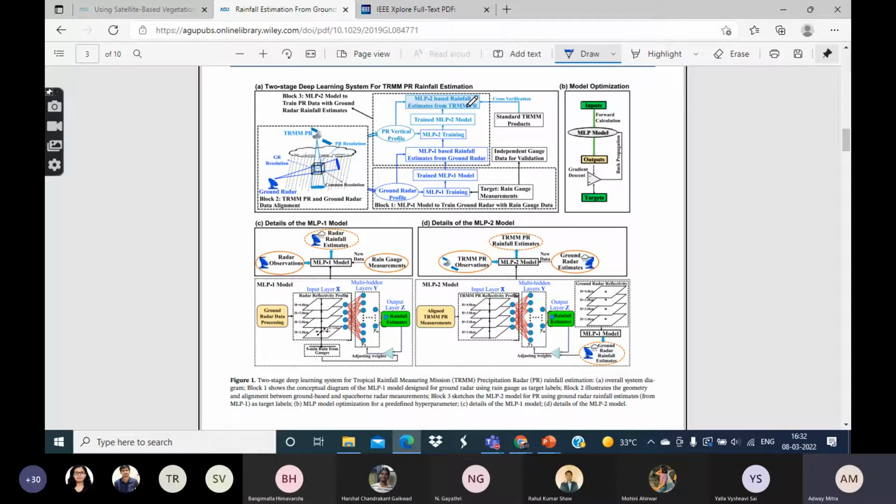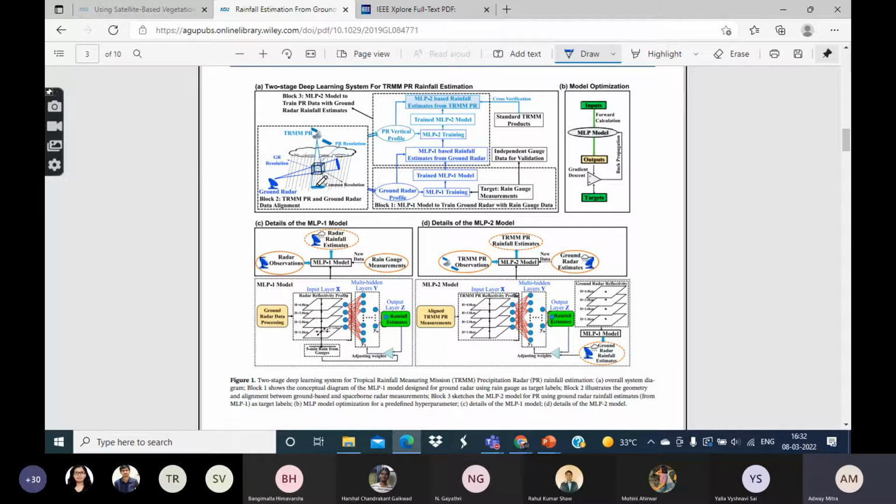So finally what happens is that we are able to get a system which takes observations from both the ground as well as the satellite and utilizes them to make an estimate of the precipitation, or a spatial map of the precipitation over the region.